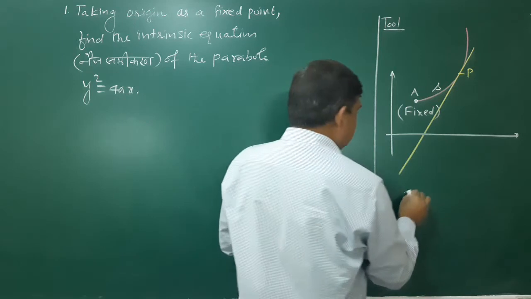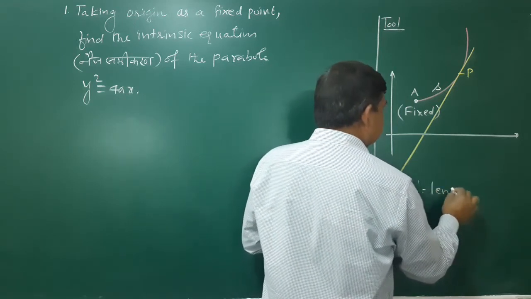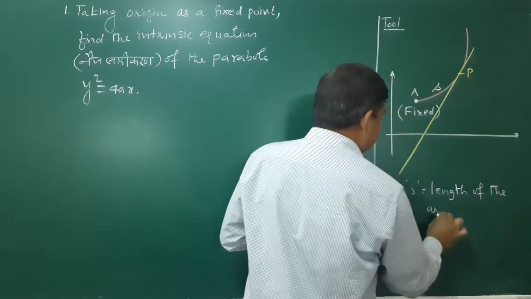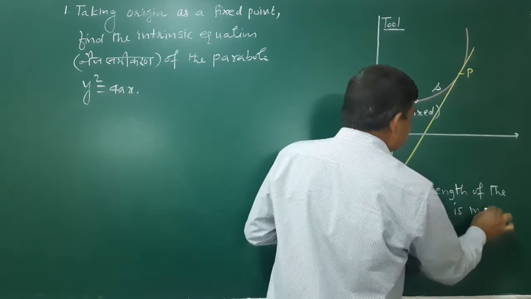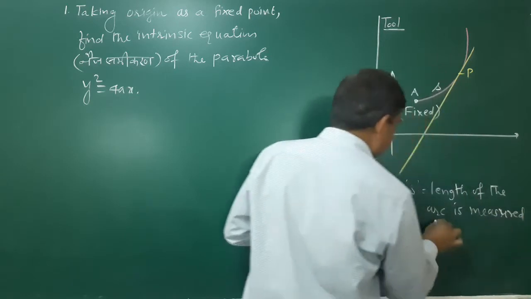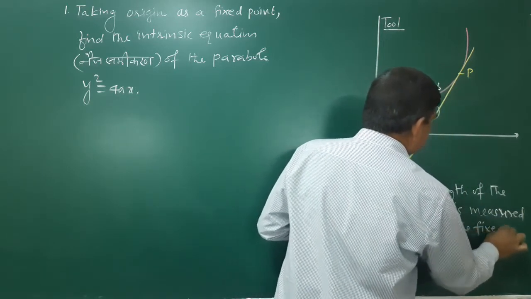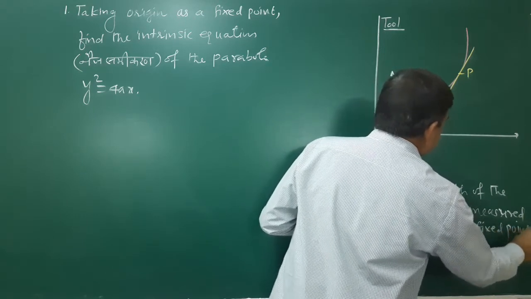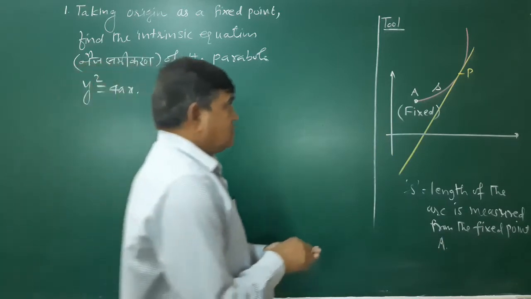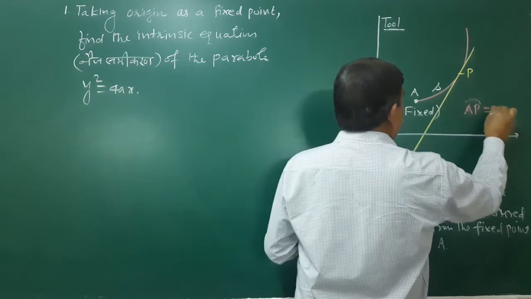Okay, so S, this length of the arc is measured from the fixed point A. So this AP is S.